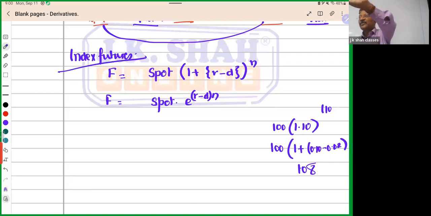I told you to leave some space, no? Write this down there. Mehika, yes.